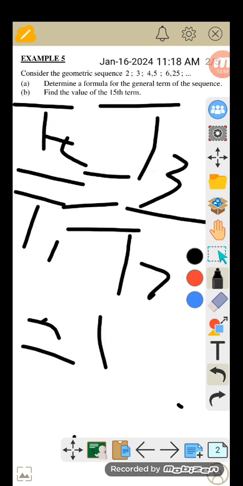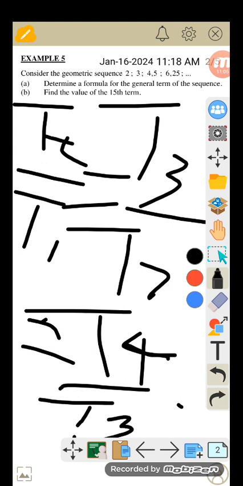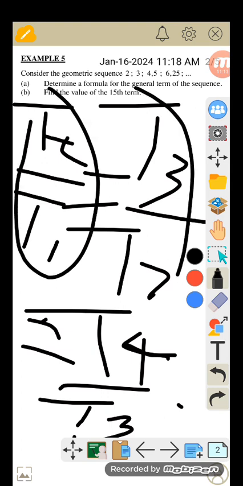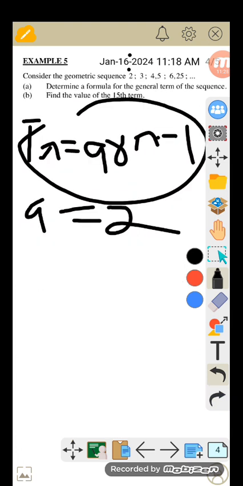It is also equal to T4 over T3. These things give us the value of r, the common ratio. That is why they are equal to each other. You see, guys?